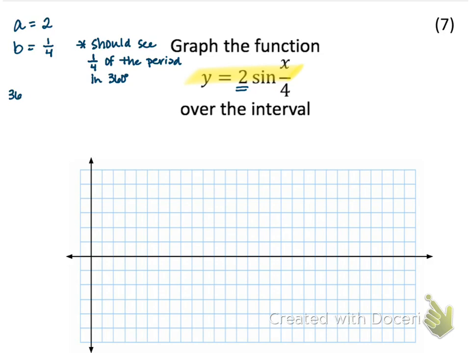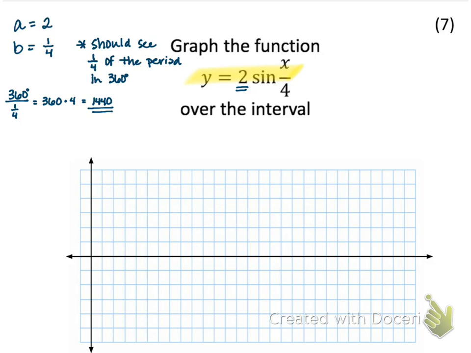So we're going to take 360 degrees and divide it by a fourth. When we are dividing fractions, we just have to multiply by the reciprocal. So we really have 360 times 4, which is going to equal 1,440. So this is going to be the distance for one wavelength.